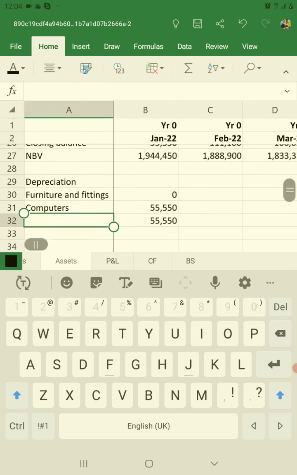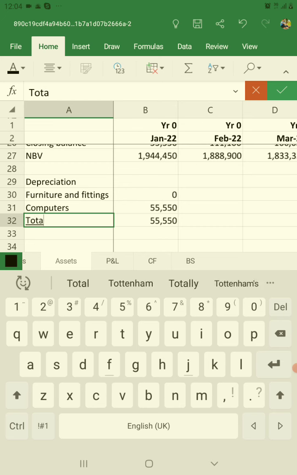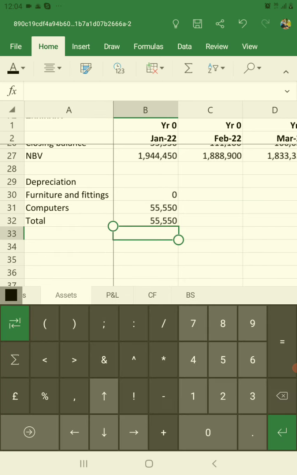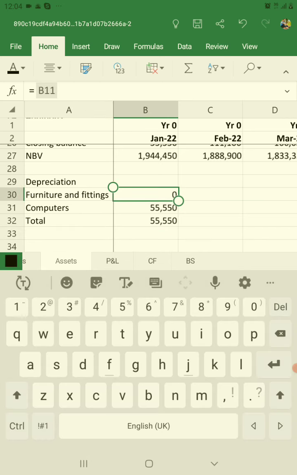and in order to get total now, total depreciation, total, okay, let's just say total is enough for depreciation. And then I select this because we all have formulas here.